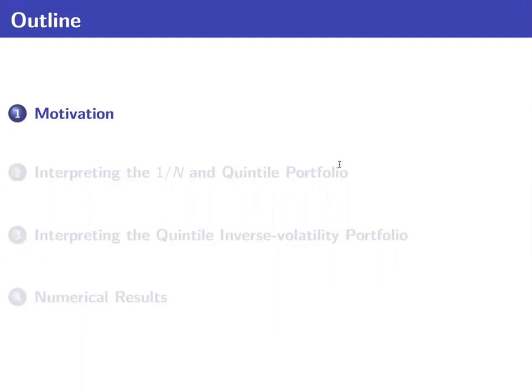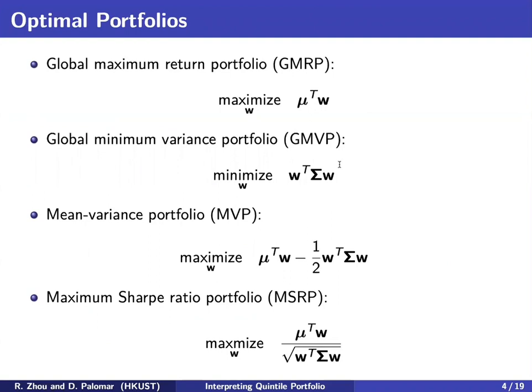First, let's look at the motivation. There actually exist a lot of optimal portfolios, for example, the global maximal return portfolio and the global minimal variance portfolio. Because in the industry, the investor will use the mean of the portfolio return as the profit and the expected variance of the portfolio's return as the risk.